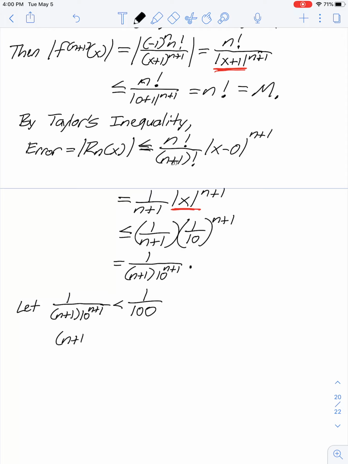So it follows that by taking the reciprocal, we have n plus 1 times 10 to the n plus 1 would have to be greater than 100. And we find that in order for this inequality to hold, we need n to only be 1 or greater. That is, I need the first degree Taylor polynomial or a higher degree Taylor polynomial in order to approximate this logarithmic function on that interval such that we have accuracy to within 1/100.